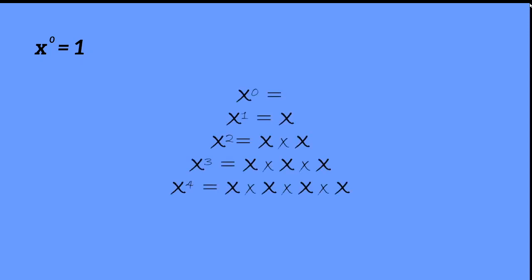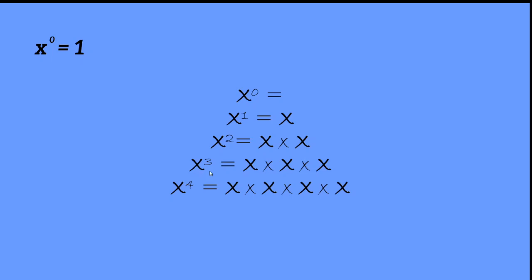We can look at a series of patterns and understand that. Look at this. x to the power 4 is x into x into x into x. If I divide x to the power 4 by x, I will get x to the power 3.